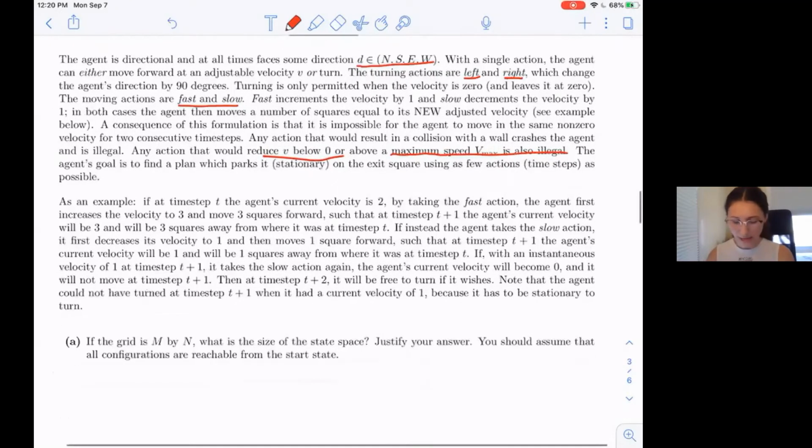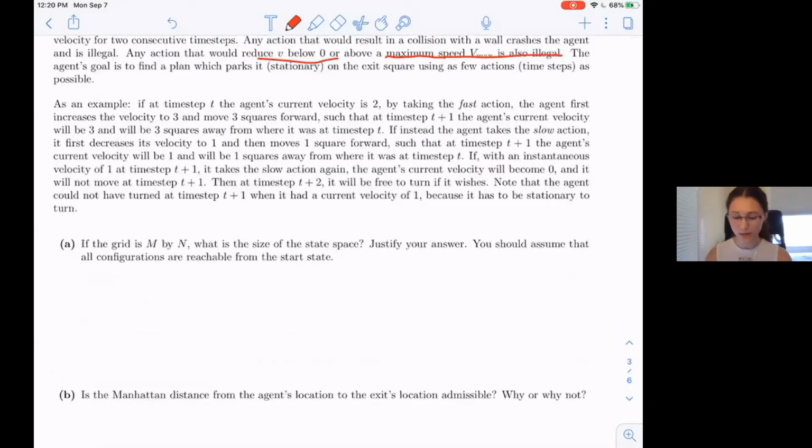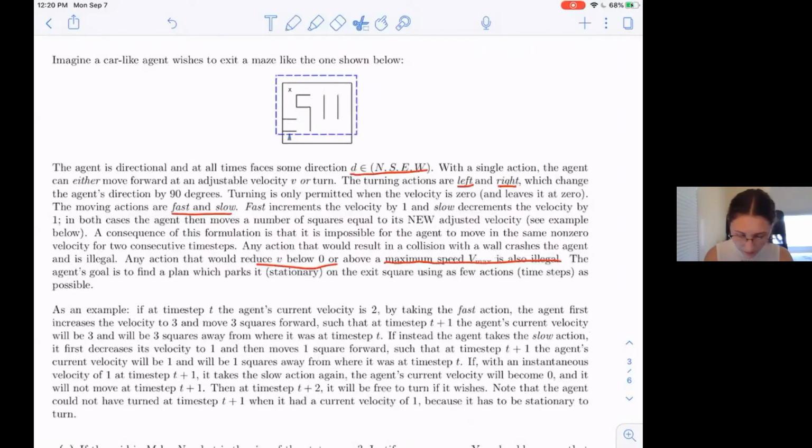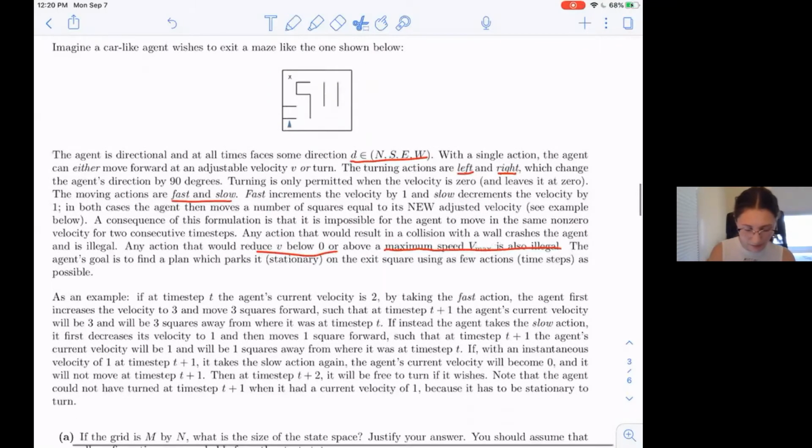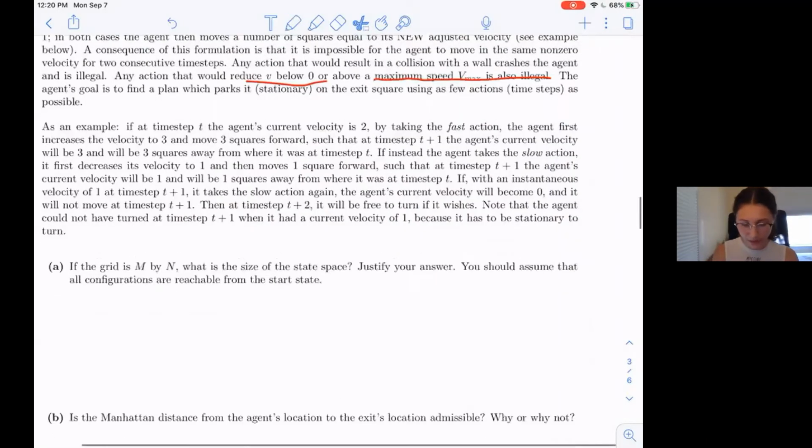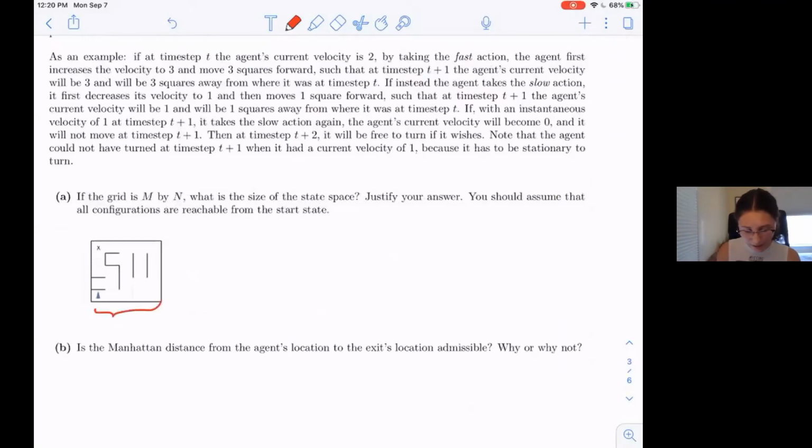If our grid is m by n, the first question asks us, what is the size of this state space? So let's copy over this image here to keep with us down here and think about what our state space is. We know that there are m by n xy positions that our agent could be in.